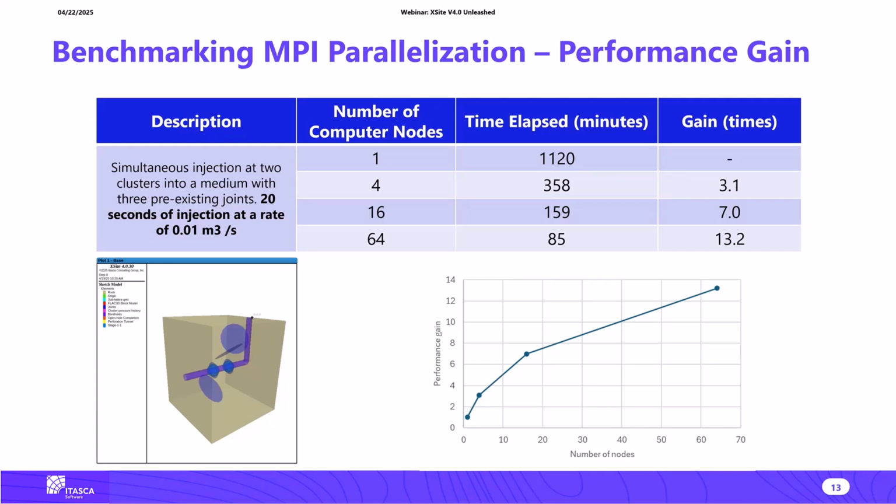With the METIS library, you basically say, I want to decompose the model into 24 parts. The problem with manual decomposition is that, depending on how you discretize the model, most likely the computational load will not be balanced or evenly distributed between the nodes.